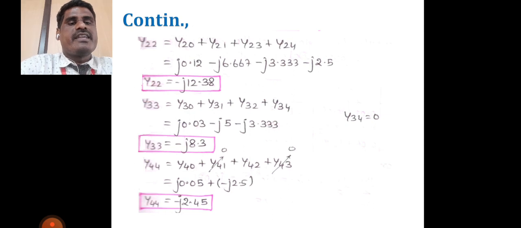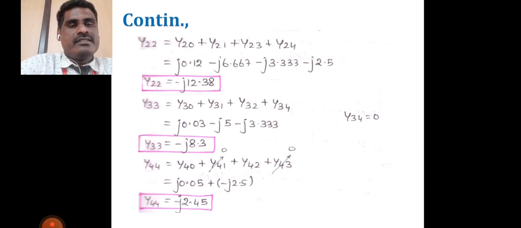Next we can calculate y22. y22 means your second line is connected with 0, 1, 3 and 4. That means y20 is j 0.12, y21 is minus j 6.67, y23 is minus j 3.333 and y24 is minus j 2.5.